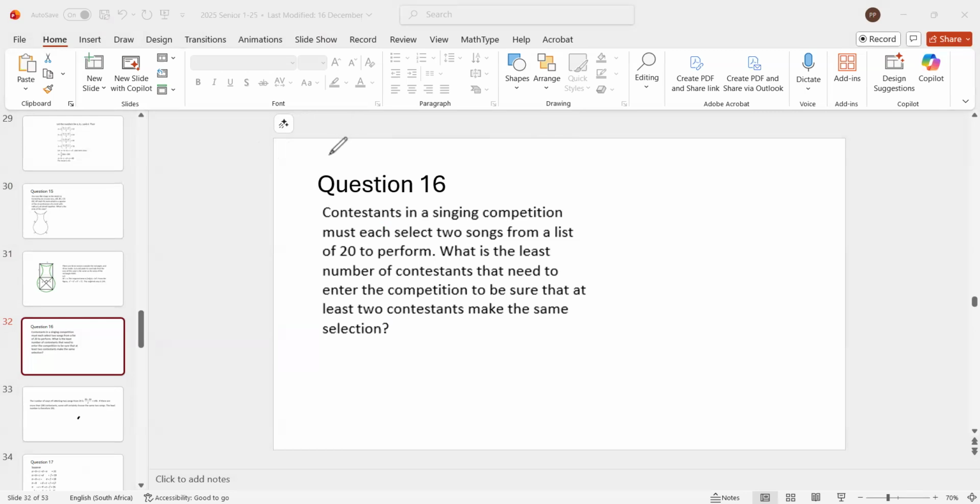And the master formula for the number of ways of selecting two objects, could be anything, need not be songs, from n objects is n into n minus 1 over 2.